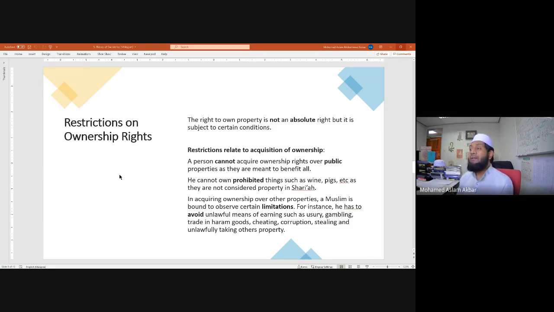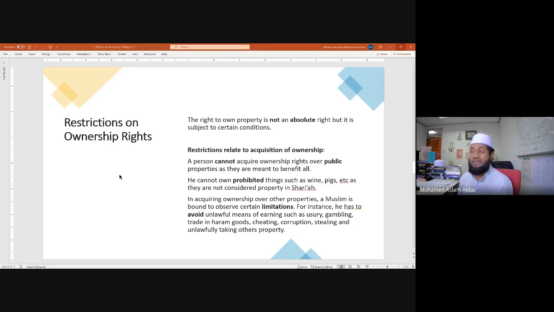Number one, you cannot acquire ownership over public properties. No one can do that. Public properties are meant for everybody. Number two, you cannot own prohibited items. As a Muslim, you cannot own wine and pigs. According to Sharia, these are not valuable properties.